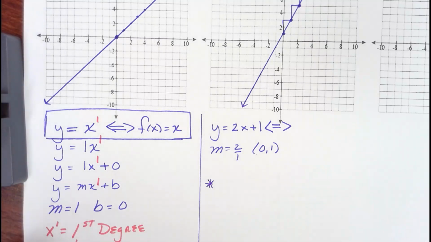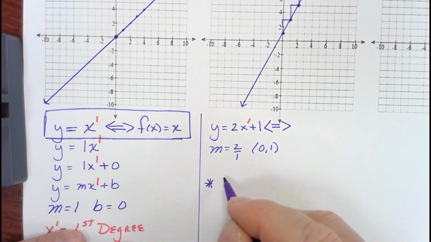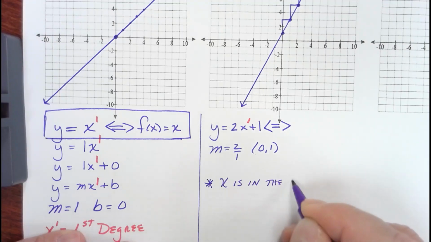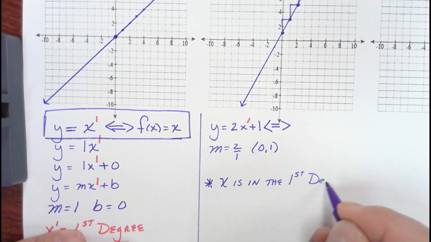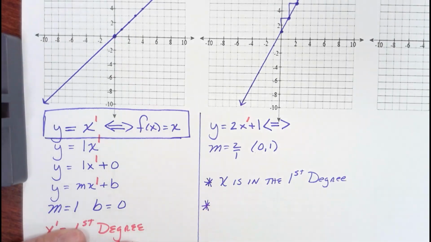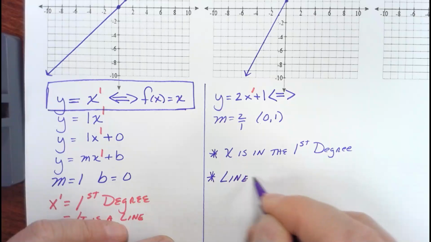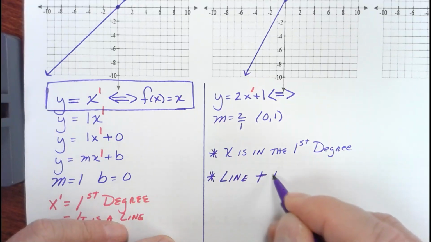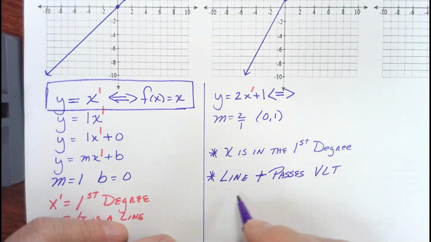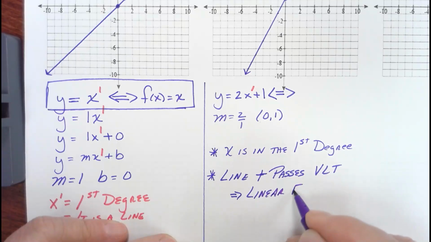Some talking points for the day. x is in the first degree. This is a line, plus the fact that it passes the vertical line test means it is a linear function.